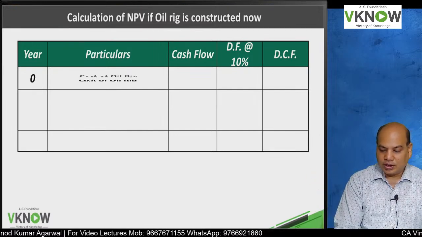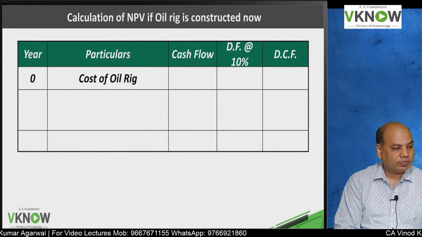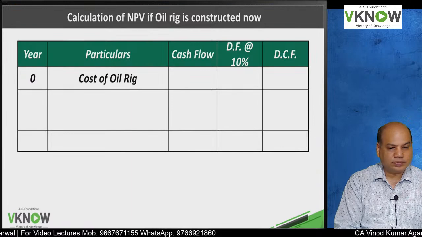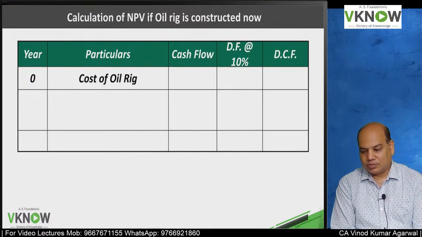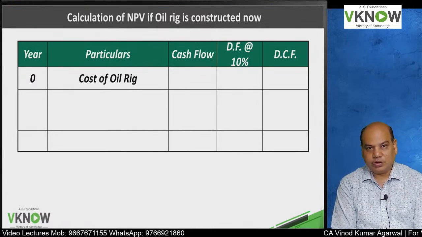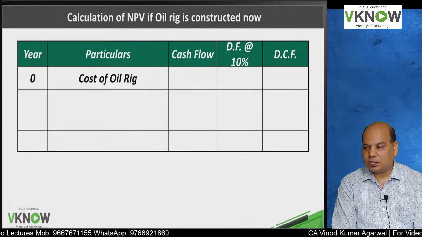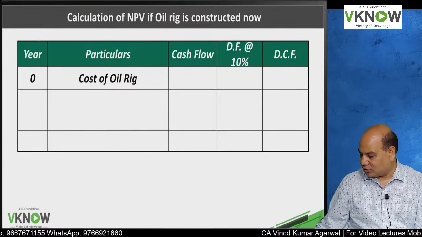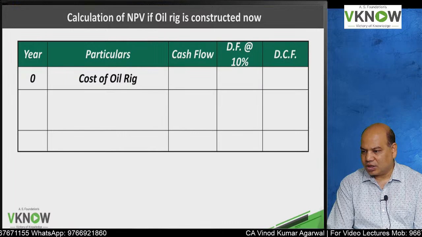So it's an infinite life problem. Very rarely they ask, but it is an infinite life problem. Please solve. Calculation of NPV: year, particulars, cash flow, discounting factor at 10% and discounted cash flow.